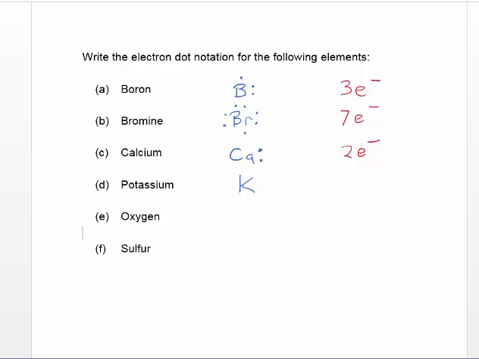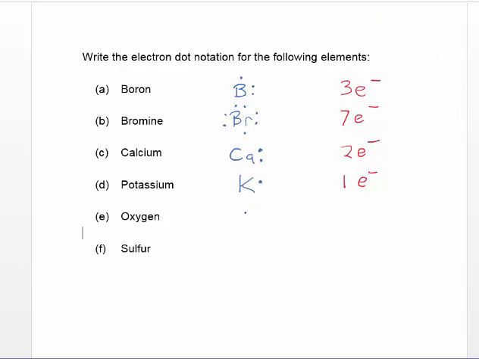So it doesn't even fill its S shell. It has 1 electron in its outermost shell. So it just gets 1 dot here. So potassium and bromine would want to combine together because bromine needs 1 electron and potassium has 1. Combining together, as we'll see in the coming chapters, gives them both a stable outer shell.